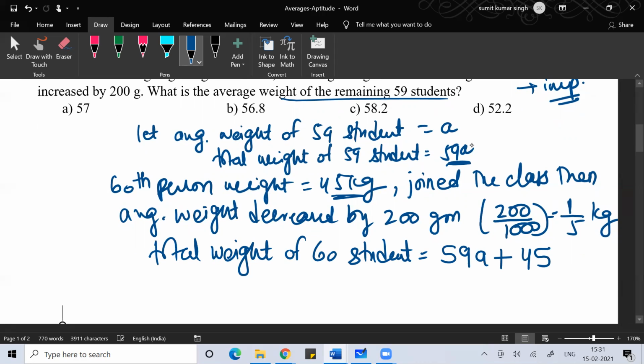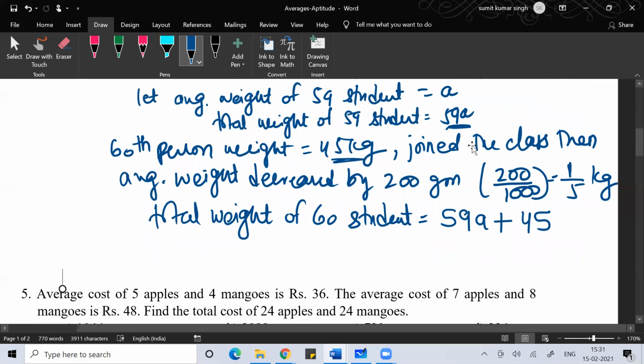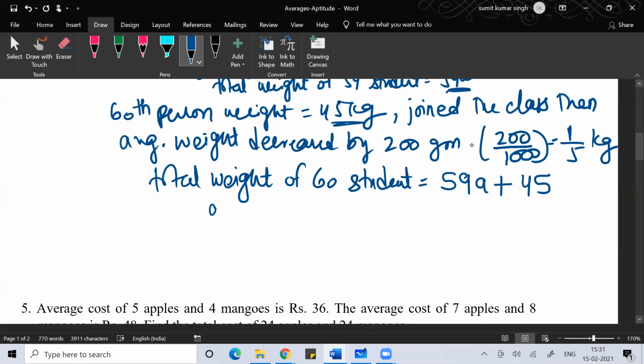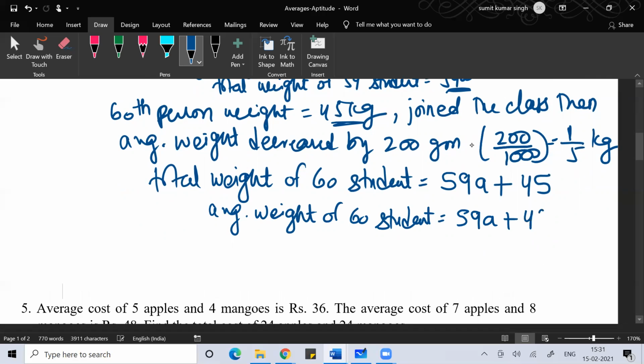So what is the average weight? If the total weight of 60 students is 59A plus 45, then the average weight of 60 students is 59A plus 45 divided by 60.